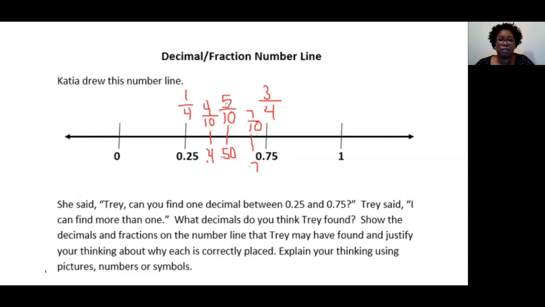Oh, well, 5/10 is in the middle. That's half. Okay? And 7/10, that's closer to the whole. So it has to be somewhere between 50 hundredths and 75 hundredths. So this is why 7/10 was placed here. Again, this is just another possible solution and a way to justify your answer.